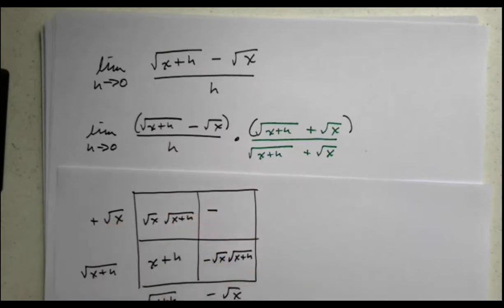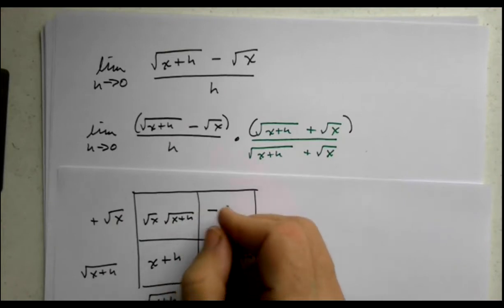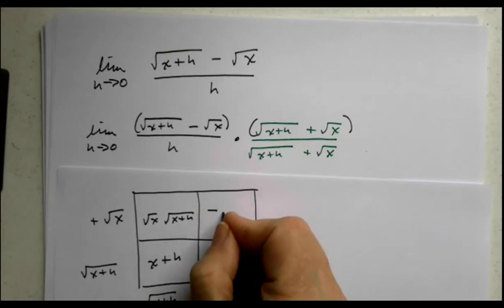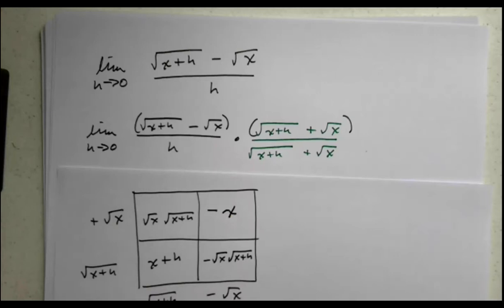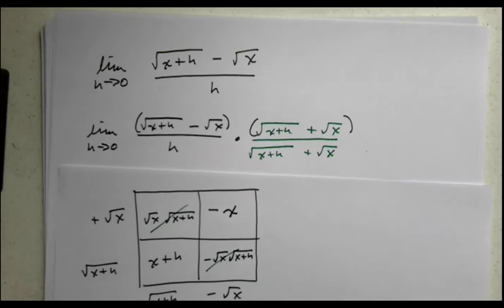But plus times minus is minus. Root x times root x, if x is positive, it's going to be x. If otherwise, absolute value of x. Let's assume for our discussion that x is a positive number. So what do I get? These things go away. Actually, it is, of course, negative x, regardless. So I get x plus h minus x.